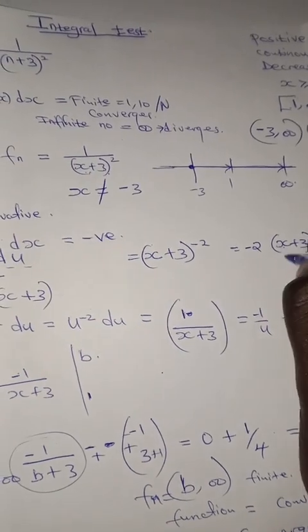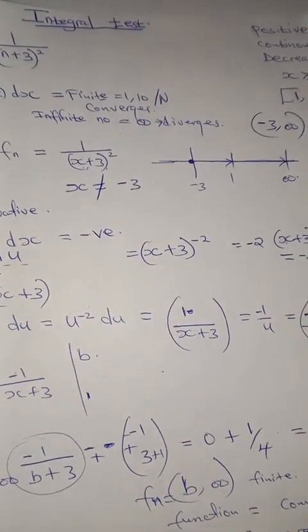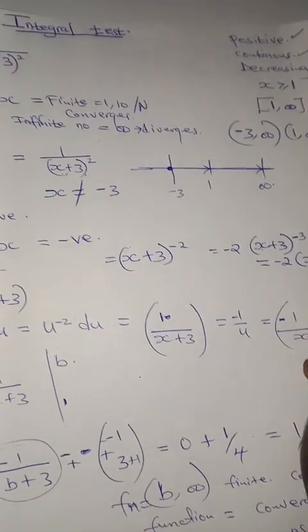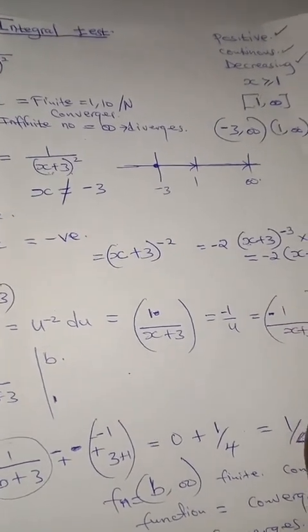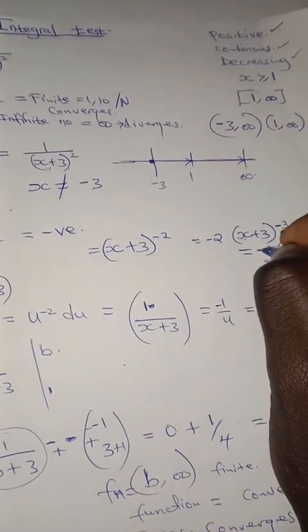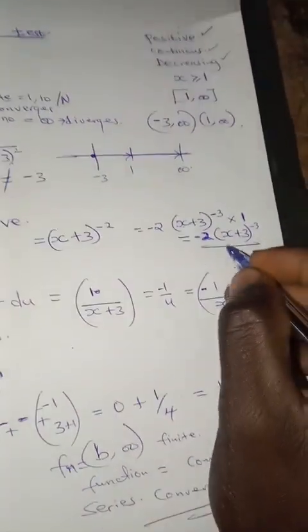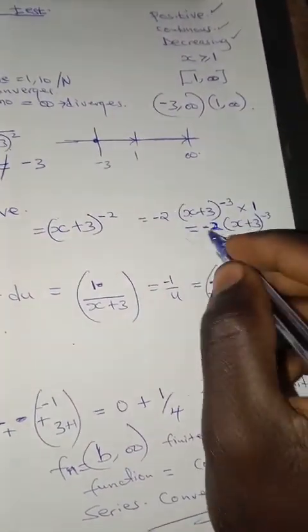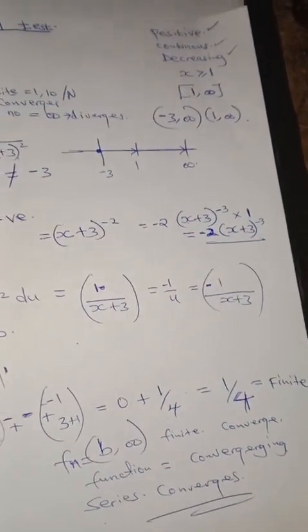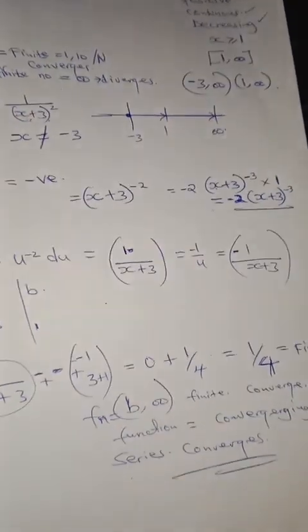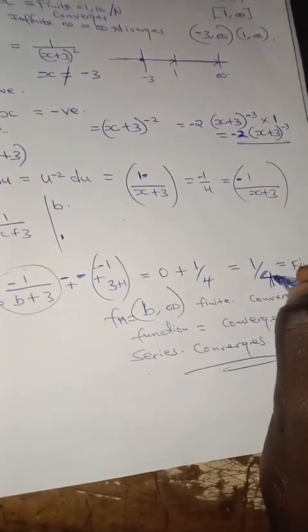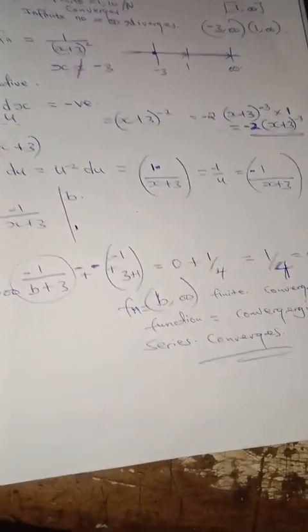So the first derivative is negative 2 times (x plus 3) to the power negative 3. Of course, the first derivative is negative, so the function is decreasing. And because we found a finite number, 1 over 4, the series is converging.